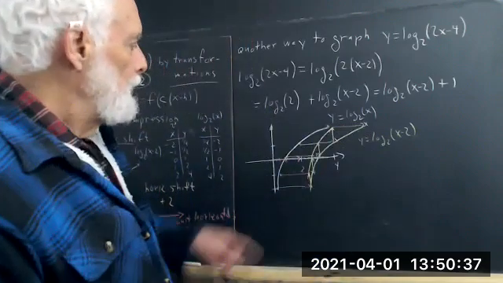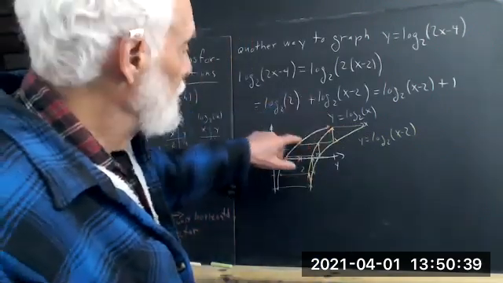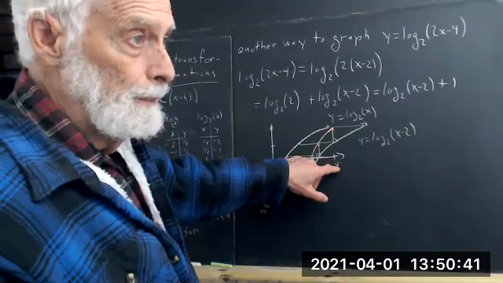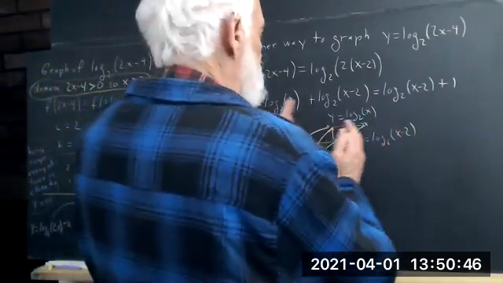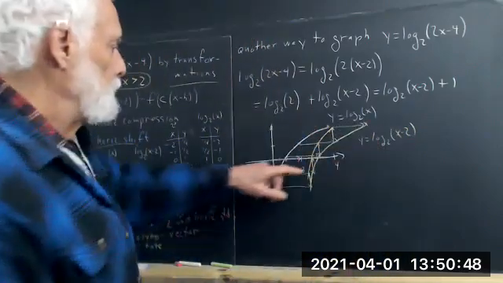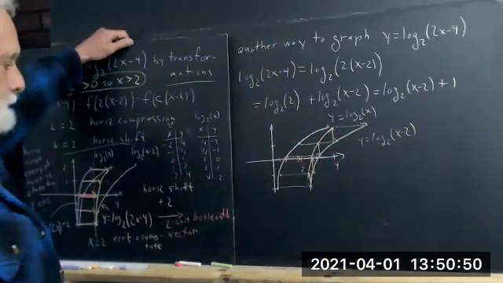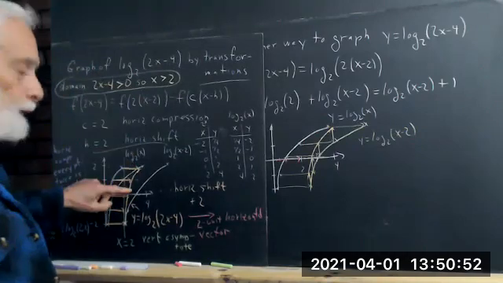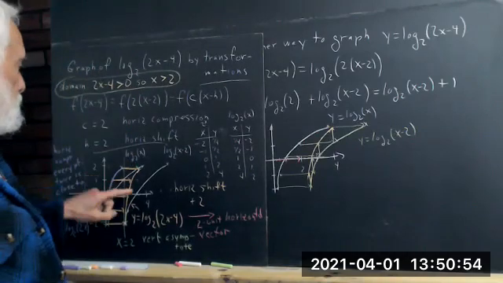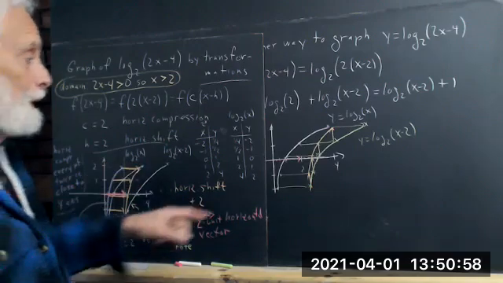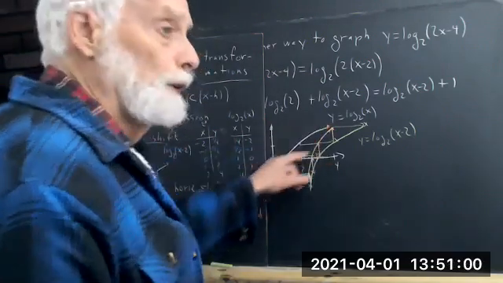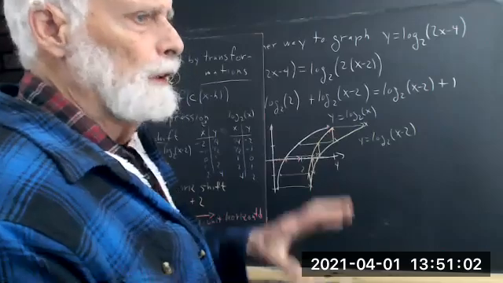And we see that this graph is steeper than either one of these. It's the same effect as we would have by horizontally compressing it. So if you compare this graph with this graph, you see that it's in the same relation to the original log graph as this one is to this log graph. It's at least plausible.